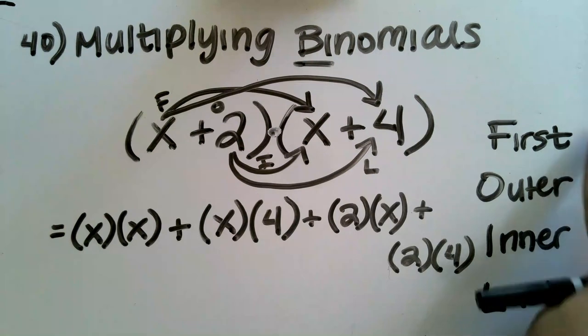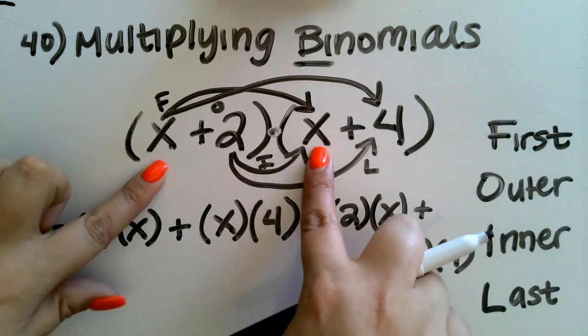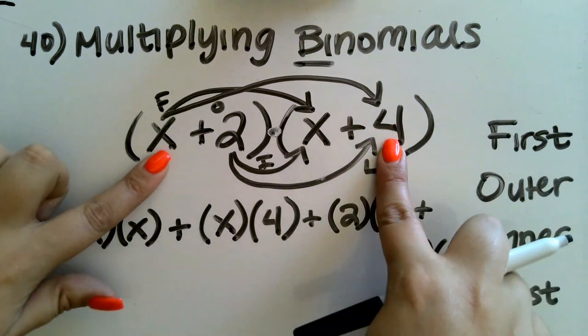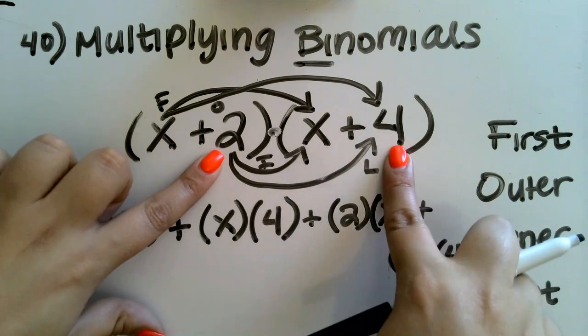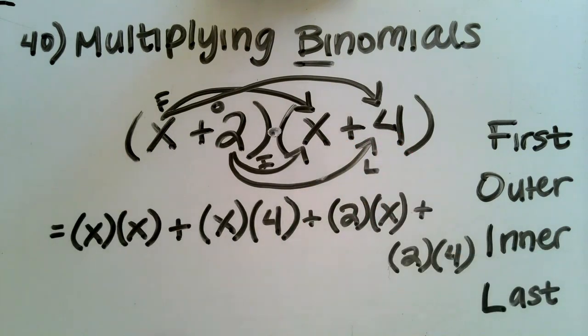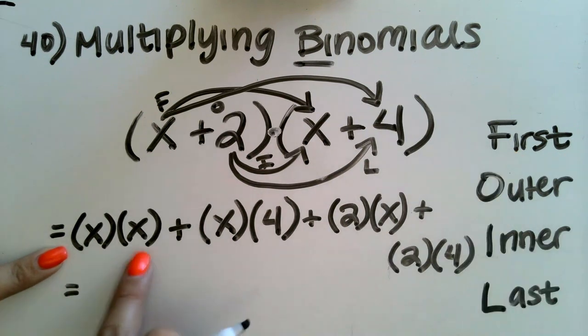Okay, we did the first two terms, the outer two terms, the inner two terms, and the last two terms. Now we're going to multiply it all together and then combine those like terms. First up, x times x. This was the F. x times x is x squared.